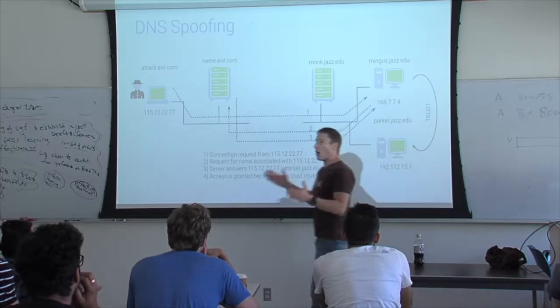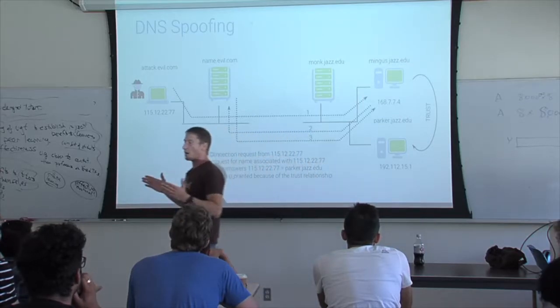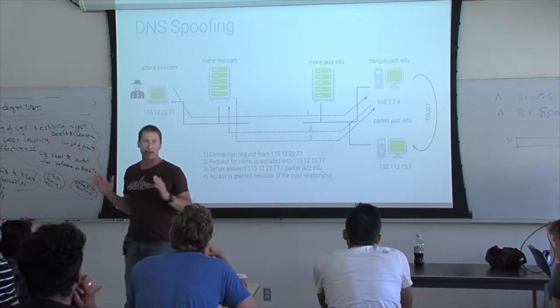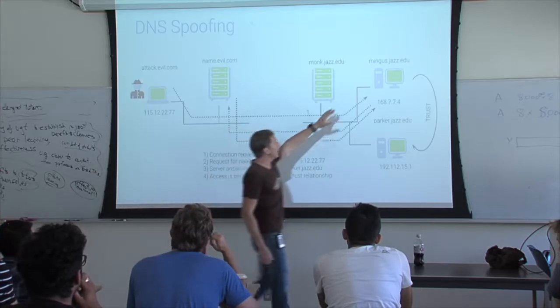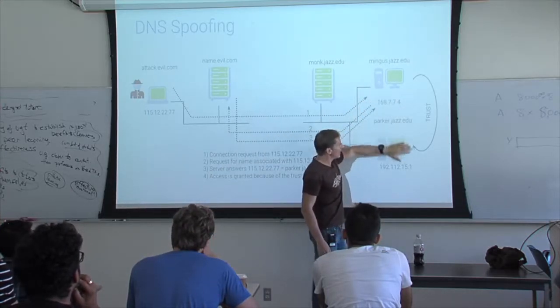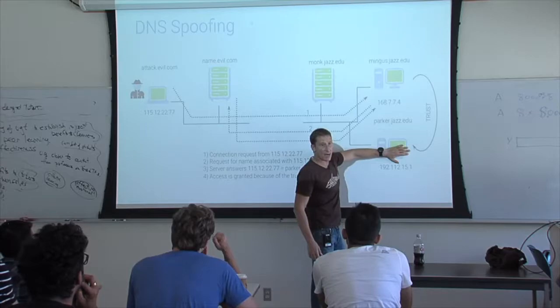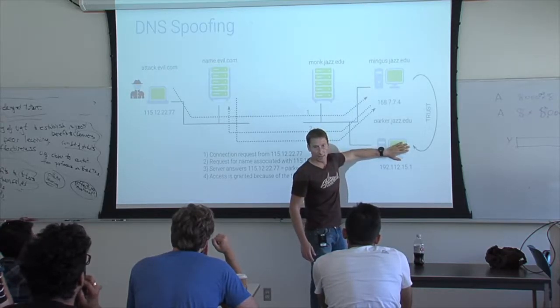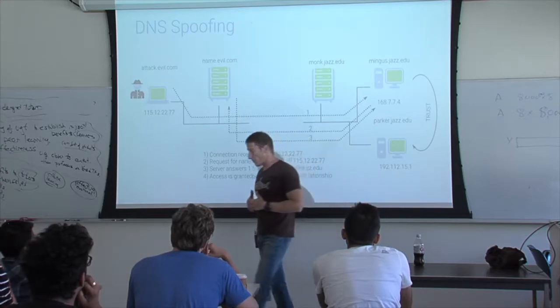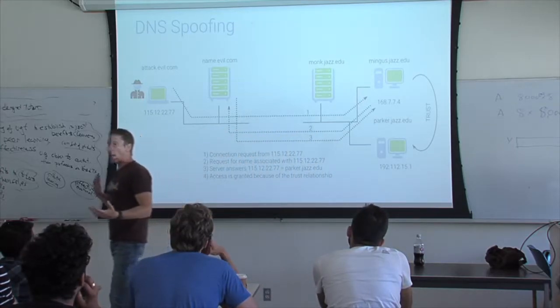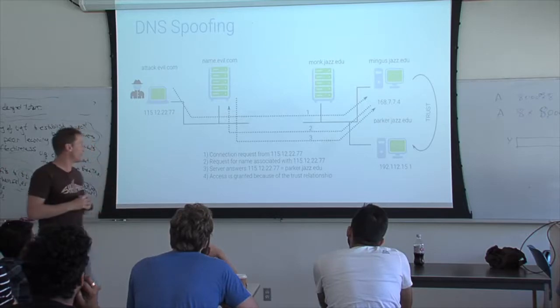So you say, allow connection to anybody who comes from parker.jazz.edu. So mingus.jazz.edu allows access to anybody who comes from this domain name, all right? So domain names are used, for example, in NFS to allow connection from a certain domain.